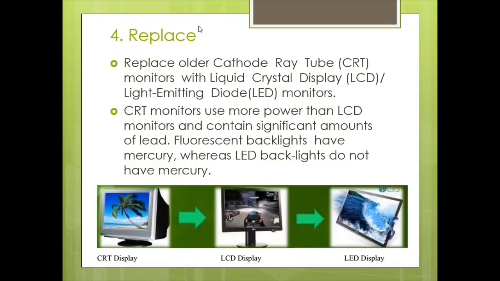Now why don't you see CRT monitors being used nowadays? Because it's taking a lot of power, a lot of energy. So just because of that, LCD and LED monitors came up, were developed, right? So that less power is used, less energy is used. Right?